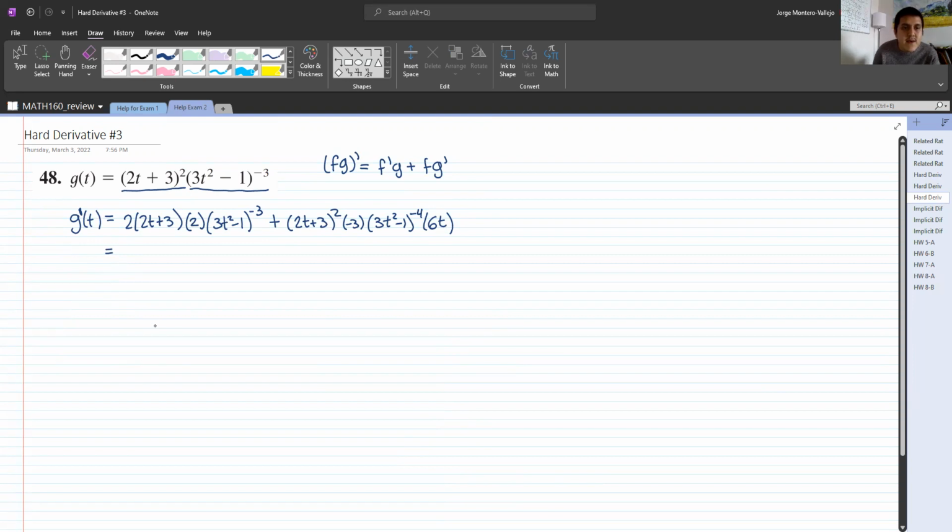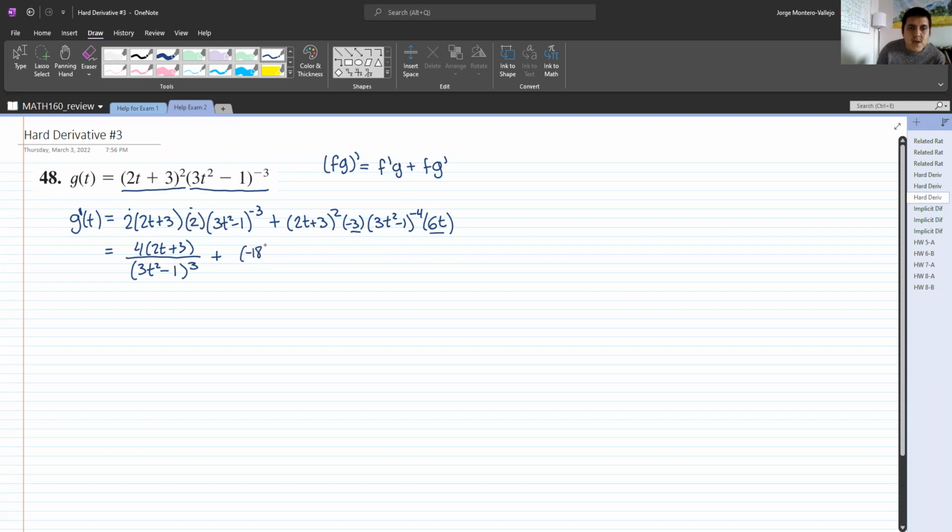Let's rewrite this with denominators, okay? Because of the negative powers. So the 2 here and the 2 here gives me 4, and then 2t plus 3. And then I have denominator 3t squared minus 1 raised to the cubic power. And then I'm going to do plus, let's see what I have here. I have -3 and this 6t, that is going to be minus 18t, right?